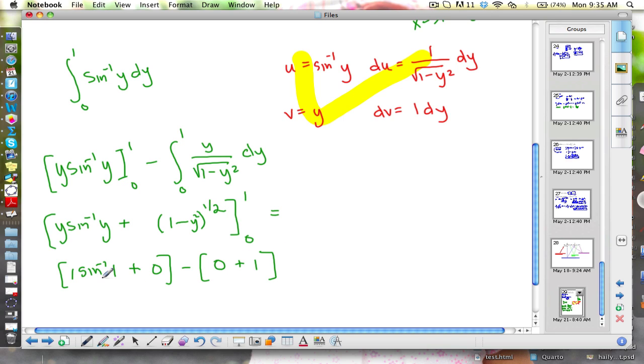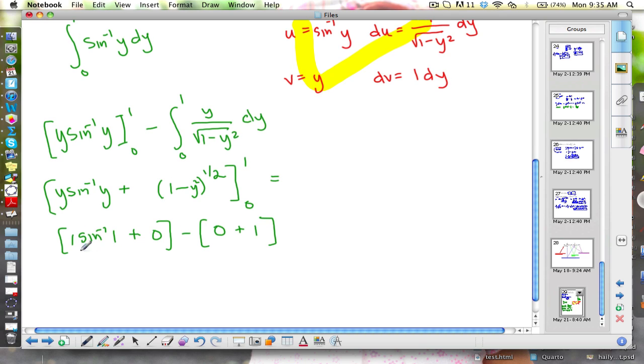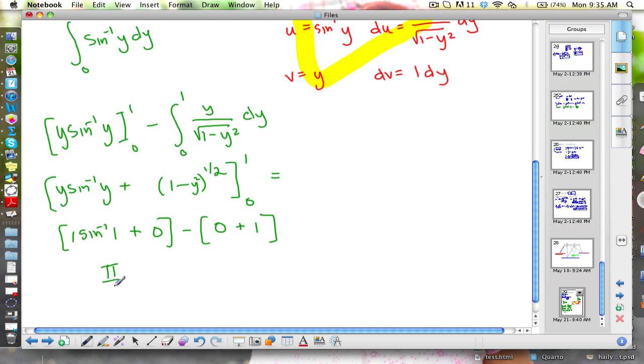Alright, sine inverse of 1. So when is sine 1? That's what that question is saying. Sine is 1 at pi over 2, and everything else I should be left with a minus 1, which you can see is the exact same answer we got before.